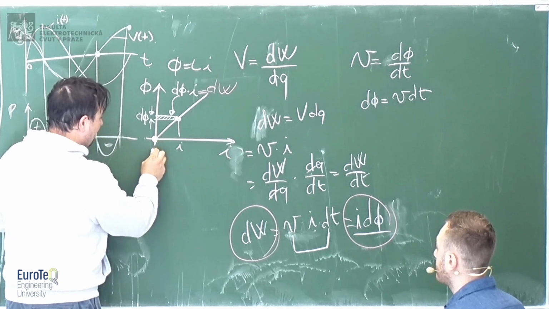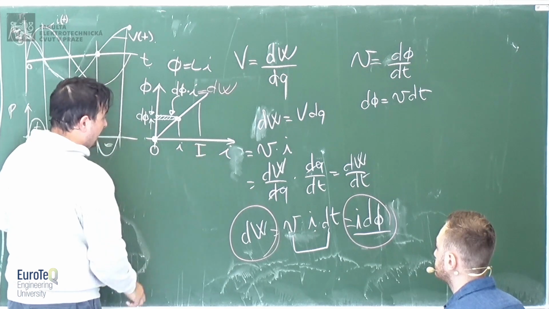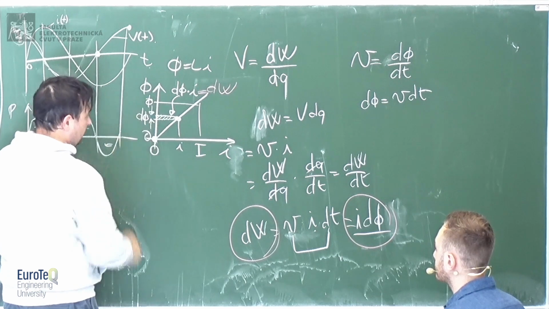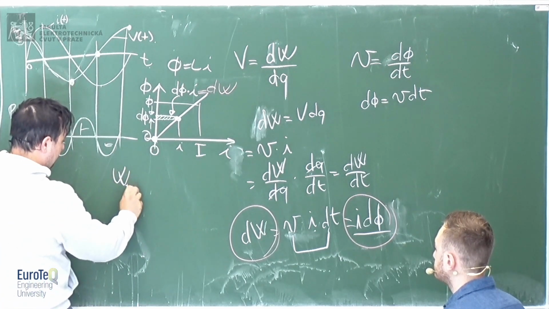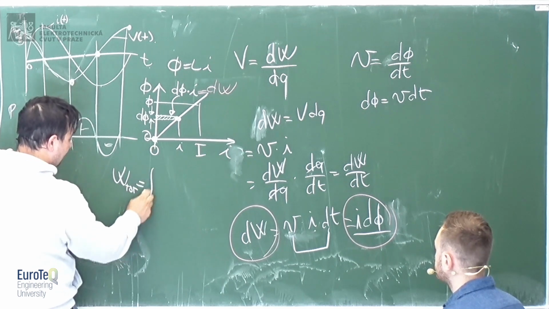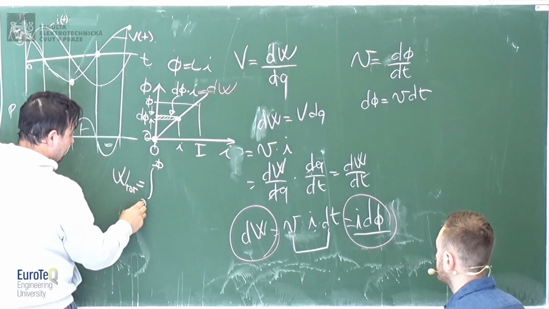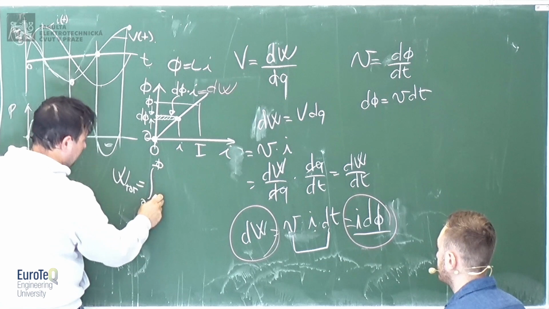move from a current which is 0 to a current which is capital I, which means to a flux from 0 to a flux phi, you have to calculate the total energy as the integral from 0 to the final flux phi, so from here to here, of I d phi.